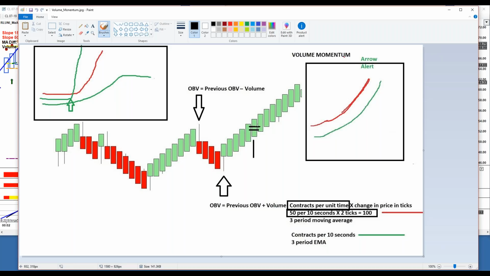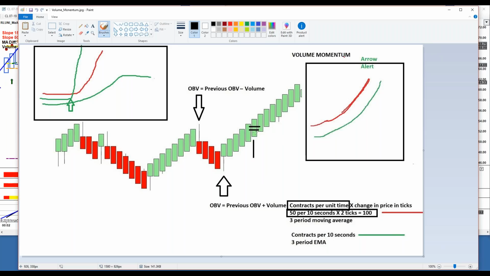To the upside, it's the same thing. Only here, you take the previous OBV and you add the volume because you want to get a positive number to move on-balance volume to the upside. So as the volume number increases, OBV will rise to the upside.